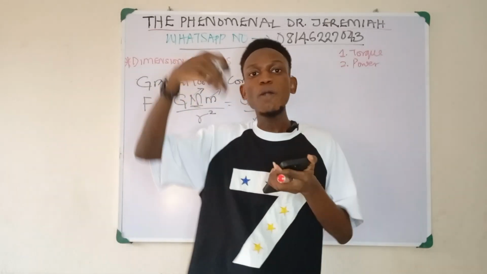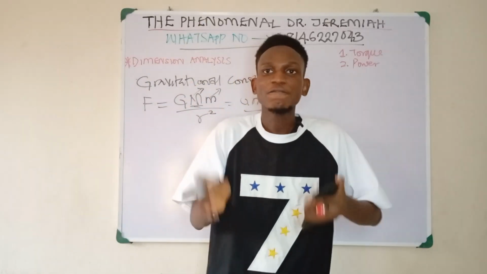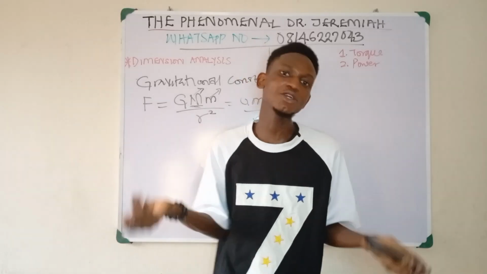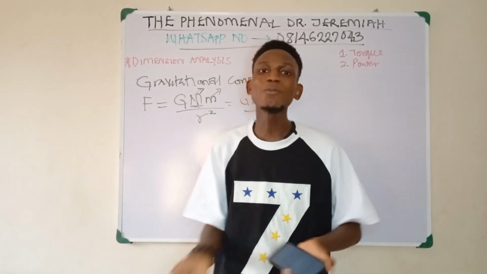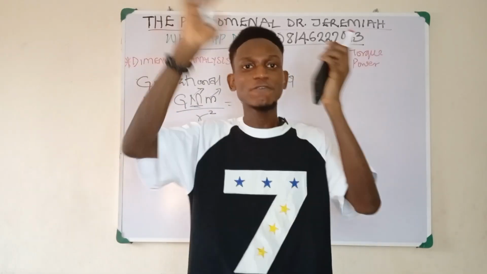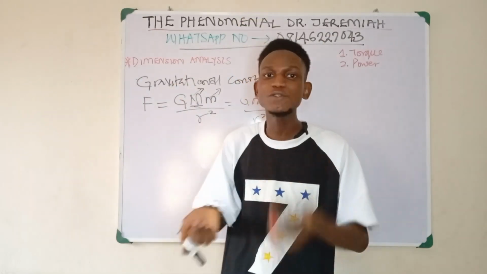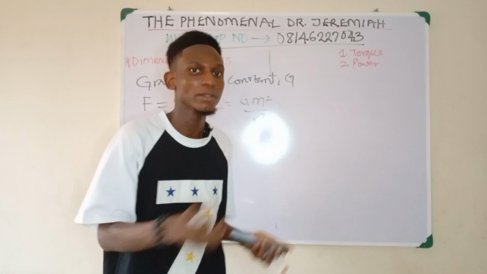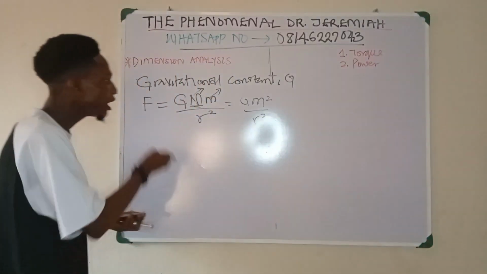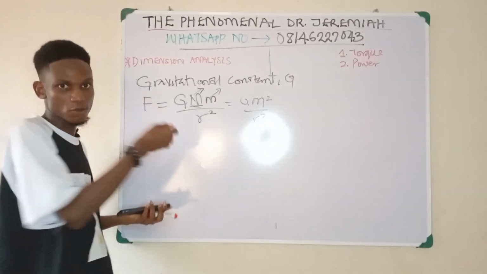So you see, they are all made from force. But if they say find the dimension of mass, it's not made from force, it's just one thing. Most of those laws derived from different quantities usually have force inside them. That's why I'm giving you force as a reference to save your time. This gravitational constant has force.